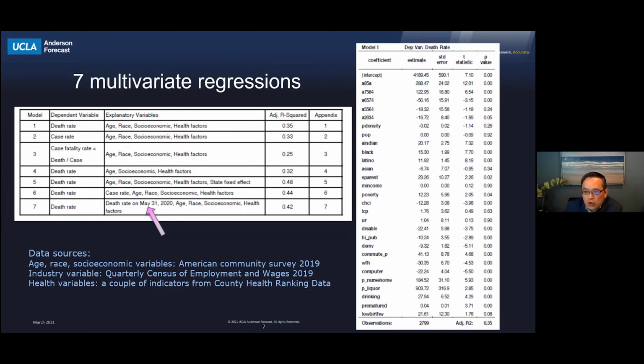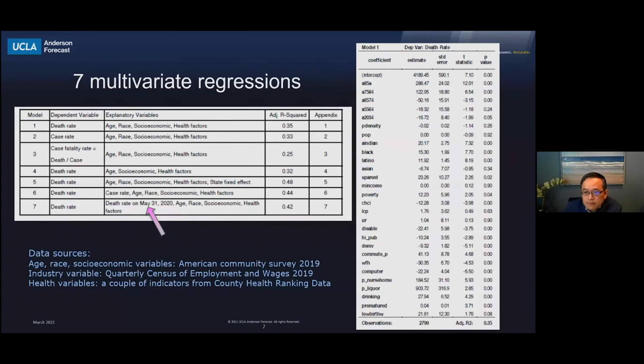The age, race, and socioeconomic variables are from the American Community Survey in 2019. Industry variables are from QCEW in 2019. And health variables are a couple of indicators selected from the County Health Rankings data. And in model 7, we use the cumulative mortality rate on May 31st, 2020 as an indicator for the first wave shock, as I mentioned previously.